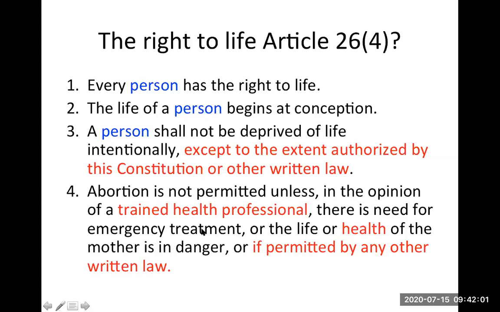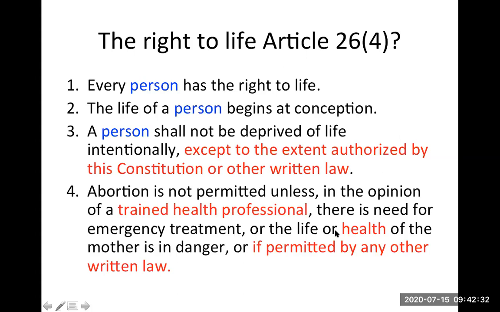Now, doctors usually know what to do in an emergency. They will save the life. They don't wait. They know what to do to save the life. But as soon as you say that health is a ground upon which this opinion should be formed, you are actually saying that the grounds upon which this opinion should be formed are increased. Why?